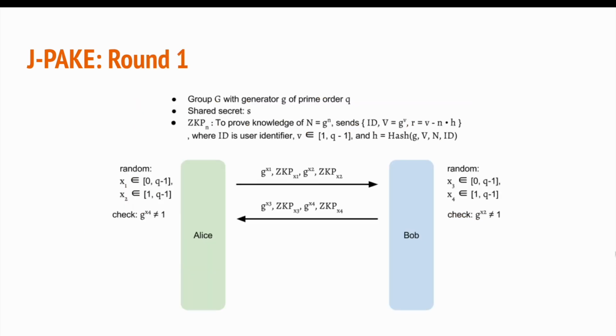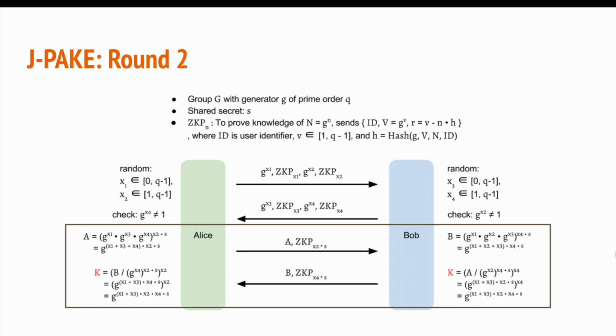The J-PAKE protocol typically operates in two rounds to establish a shared key. In round 1, we have group G with the generator g, shared secret s, and the ZKPs. First, Alice selects two random values and sends them with their corresponding ZKPs to Bob, and Bob will also send two random values and ZKPs to Alice.